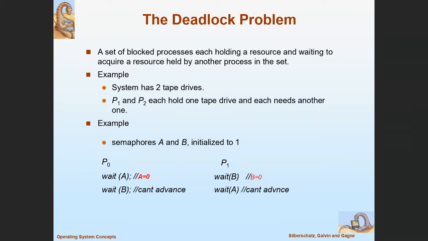So if we start using semaphores, you may remember that whenever a process is executing the wait function, P function, on semaphore A, the semaphore becomes 0.